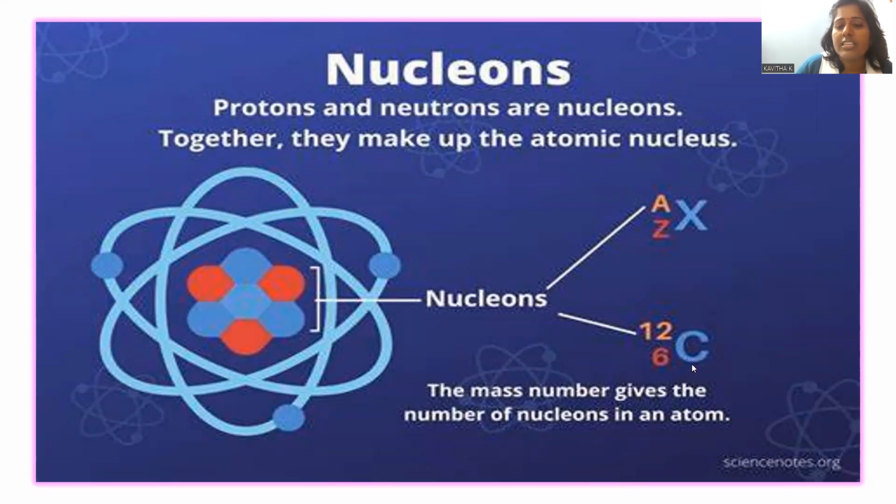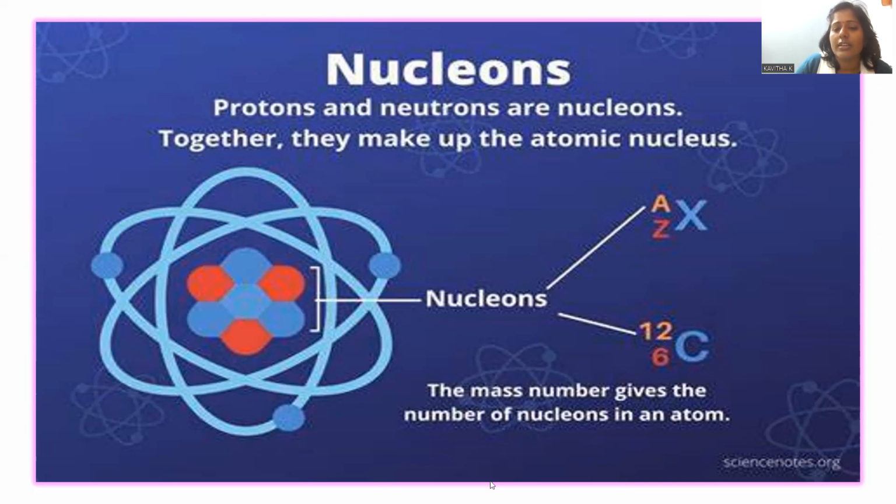If you consider carbon as the standard atom, where atomic number is given as 6, that means at the central carbon atom you can find 6 protons, and the mass number is given as 12. That means 6 plus 6, total 12: 6 protons and 6 neutrons will be there. Its mass number will become 12.